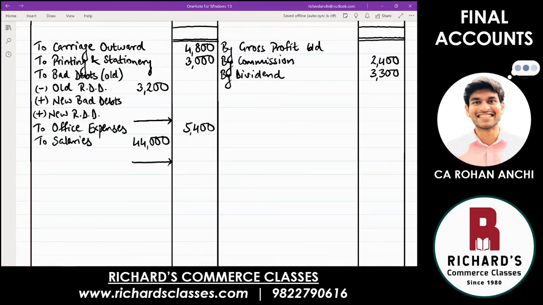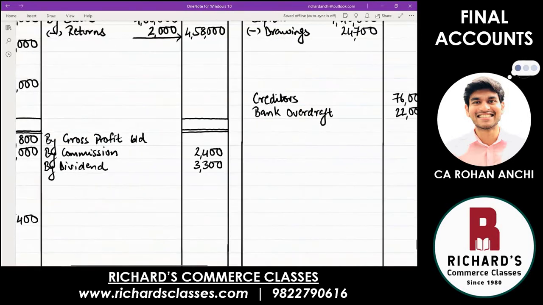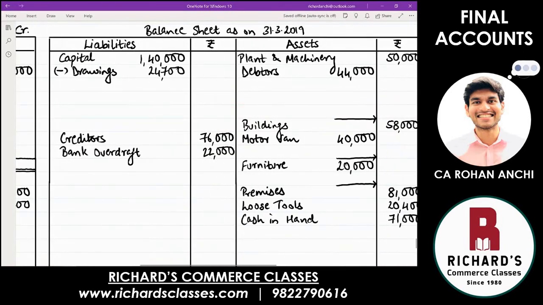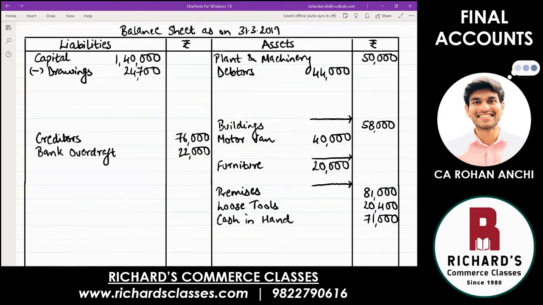One is an asset, one is a liability. So come to the balance sheet. The one given in the debit, that is the asset, that is bills receivable. So below cash in hand, write down bills receivable, 5,600. And bills payable is opposite on the liability side, below bank overdraft, write down bills payable. That is 8,400.